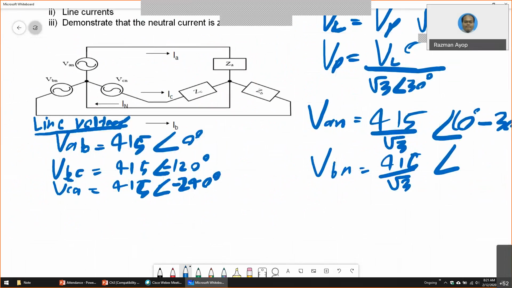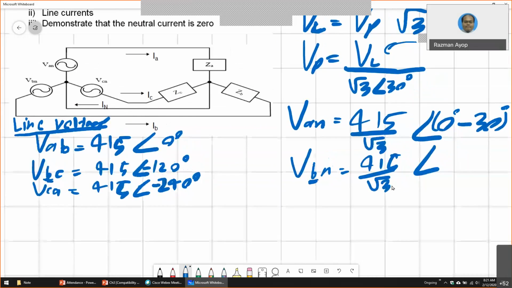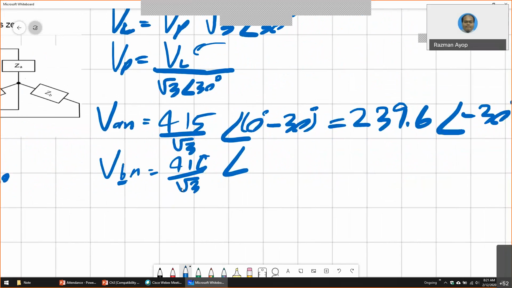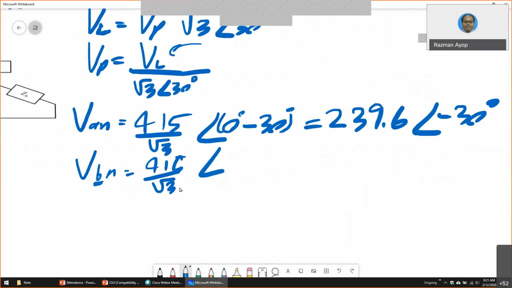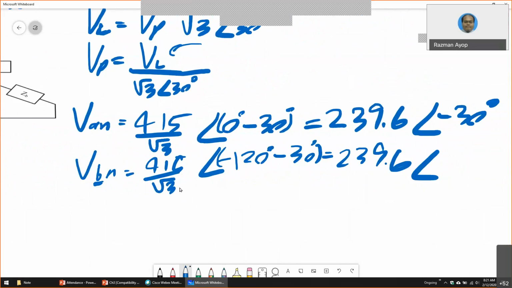So the angle is negative 120 degree minus 30 degree. So you get 239.6 angle negative 150 degree.